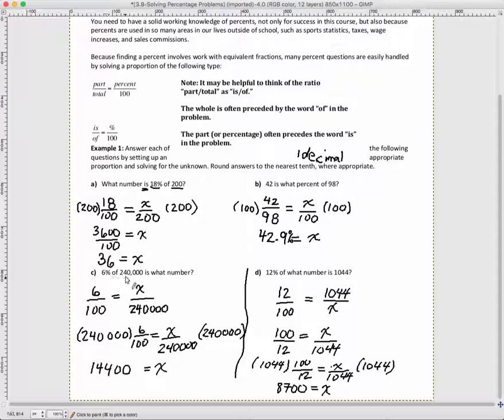Okay, so 6% of 240,000 is what number. Notice how I set it up again like a proportion and equivalent fractions, and I could find my part. Or I could have, at the end, that I'm looking for the whole piece and I was given a percentage. So all of these, notice that the same kind of setup was used for them, but the question was slightly worded differently, and it depended on what I was looking for.